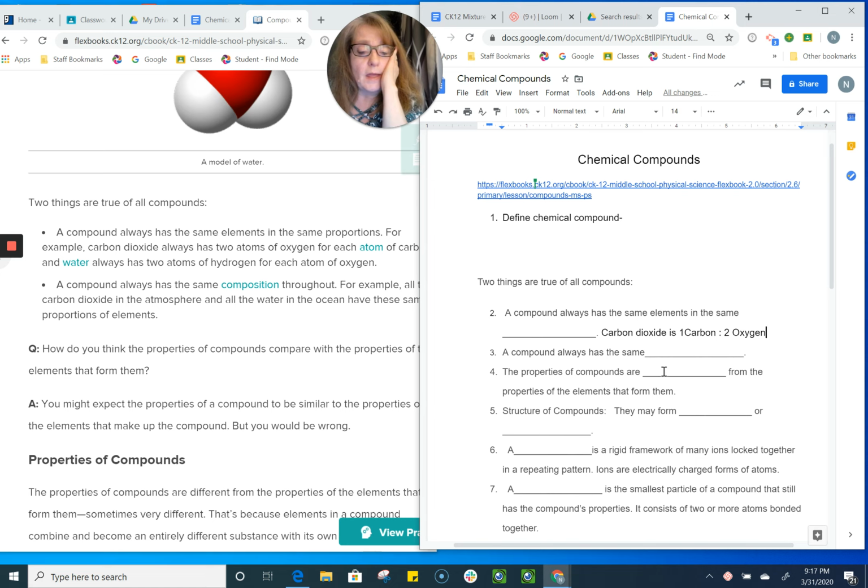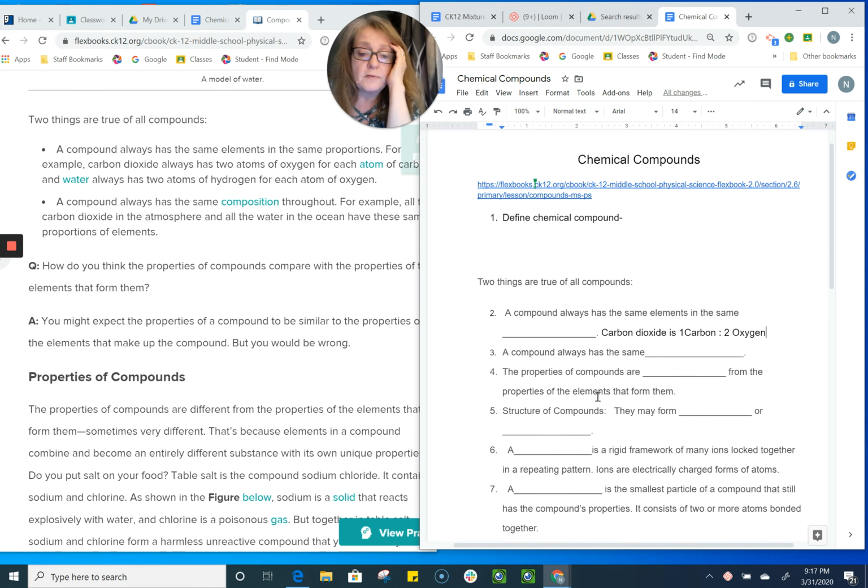Because compounds are made of atoms of different elements, the atoms no longer have their own identifying properties. They take on different properties based upon what they're combined with. So the properties of compounds are different from the properties of elements that form them. If we talk about carbon dioxide, carbon in a pure form can be like charcoal, which has some other substances in it, but it could be diamond, or oxygen here is very flammable.